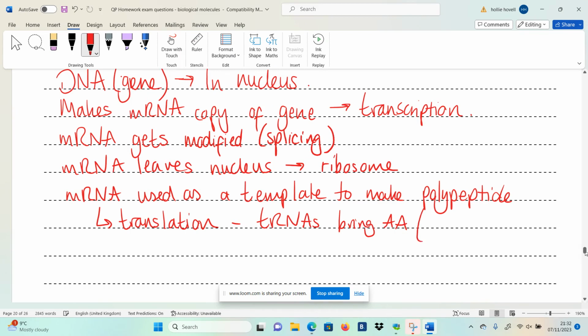So you could talk about the codons, anticodons binding, complementary ones. You could probably say specific amino acids rather than just amino acids. So the correct codon on the mRNA binds to the complementary anticodon on the tRNA, and the tRNA with that anticodon will be carrying a specific amino acid, and then your amino acids are going to bind together with peptide bonds.